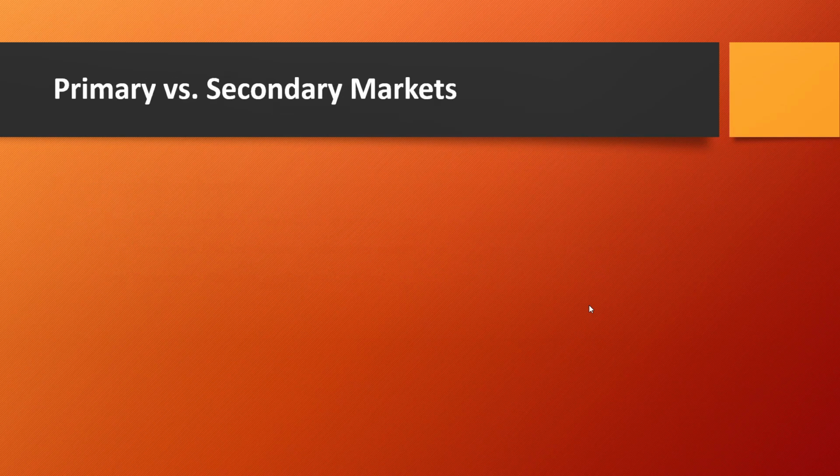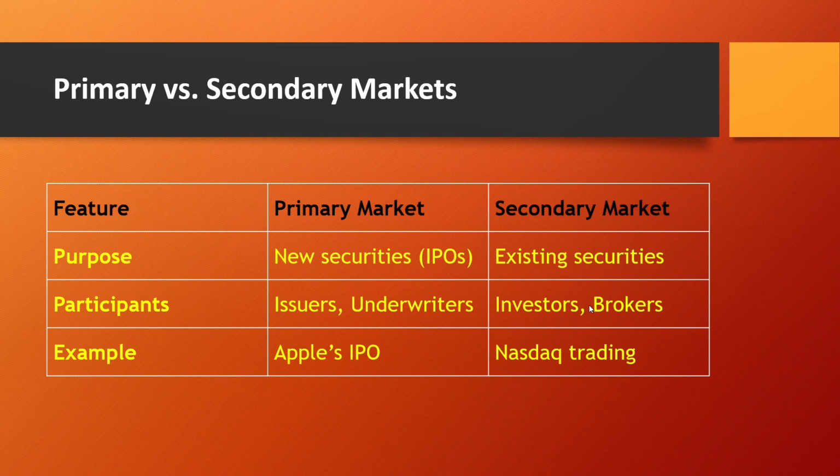Let's start with the primary versus secondary markets. In the primary market, new securities are issued. This is where companies raise capital directly from investors. A great example is an IPO, initial public offering. When a company like Tesla goes public, it sells shares to investors for the first time in the primary market. In the secondary market, existing securities are traded.